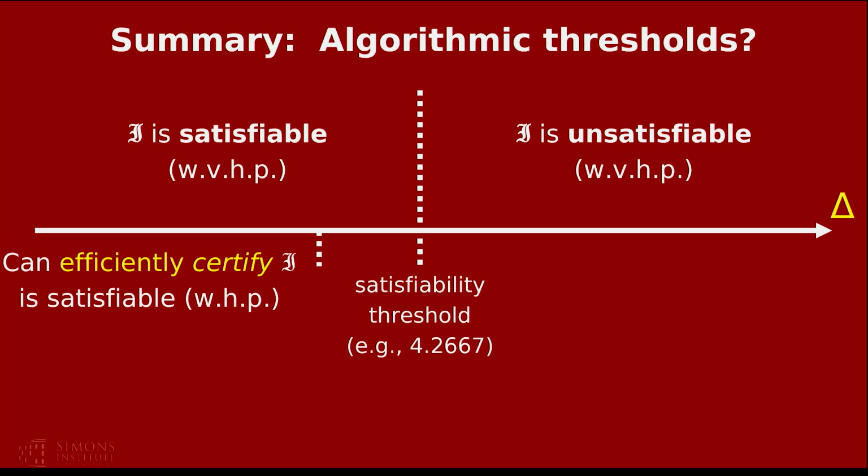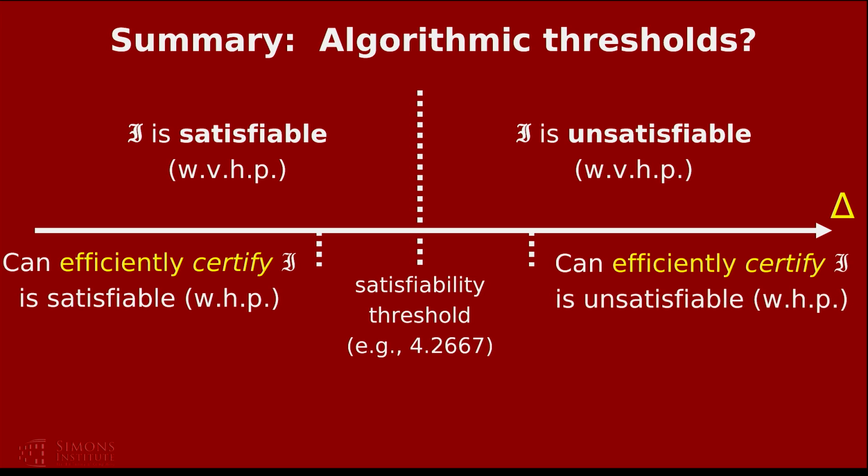There's been work, especially in the statistical physics community, about understanding whether there is, conjecturally, a lower threshold for efficient certification. So it seems that there's a lower threshold where, for delta down here, there are efficient algorithms for finding satisfying assignments. And here, it's satisfiable, but it's maybe algorithmically hard to find satisfying assignments.